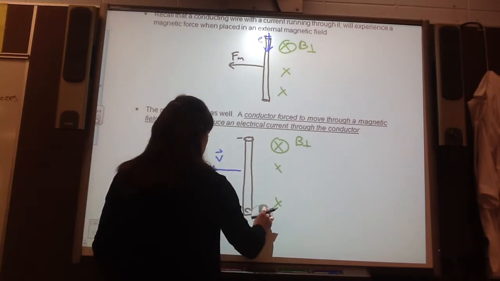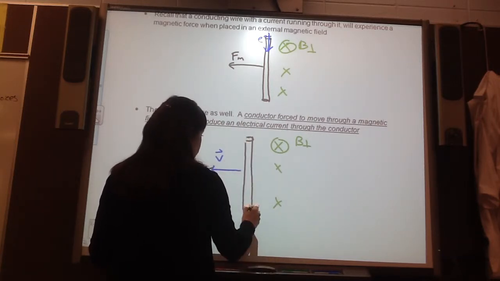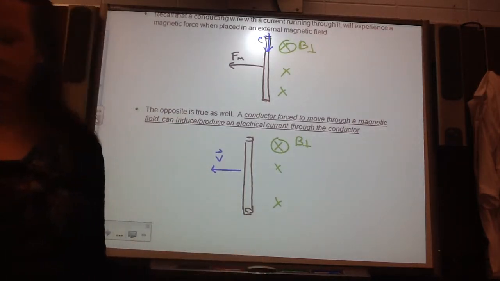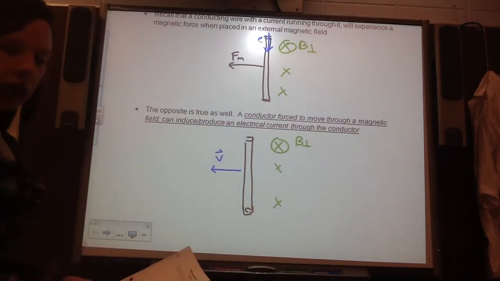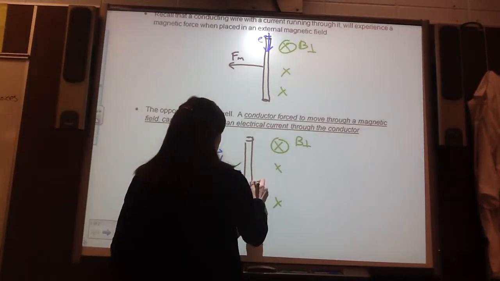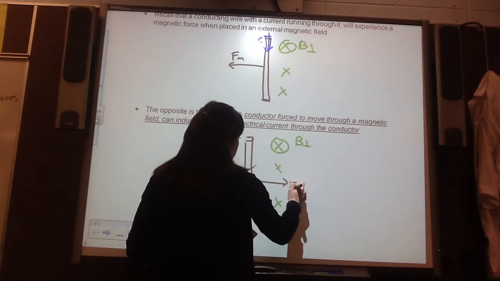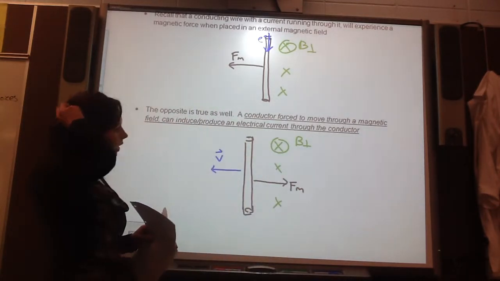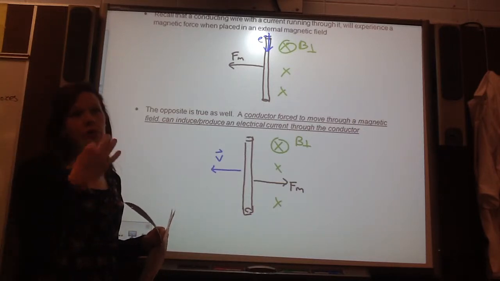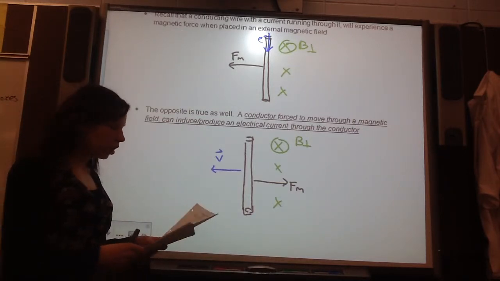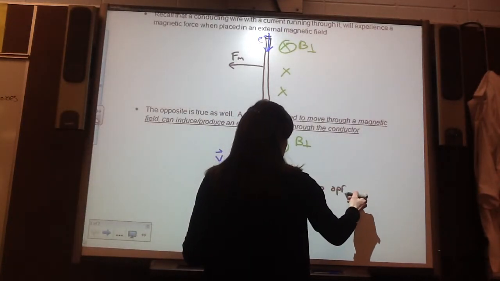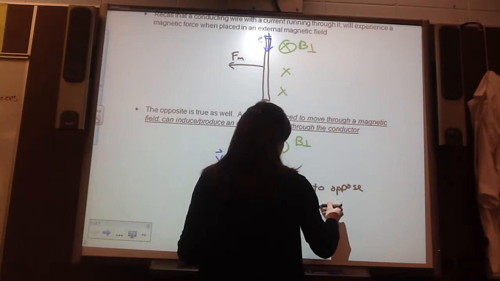What I need to think to myself, and this will come soon, is that the force that needs to be exerted on it needs to be in the opposite direction of its original motion in order to induce a current. So this is the F_M to oppose the original motion.